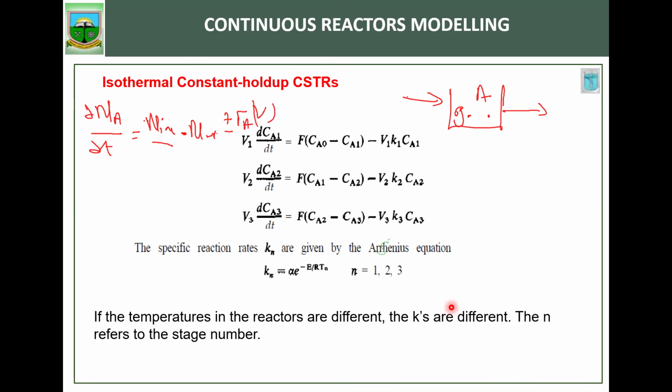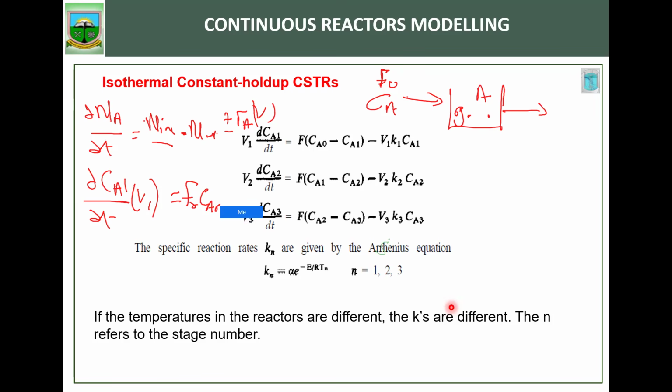This one here is the same as A1, right? It's equal to, and the input is what? Here it comes in at a certain flow rate of F0, then at a certain concentration of CA0, you remember that. So the input is going to be F0 CA0.